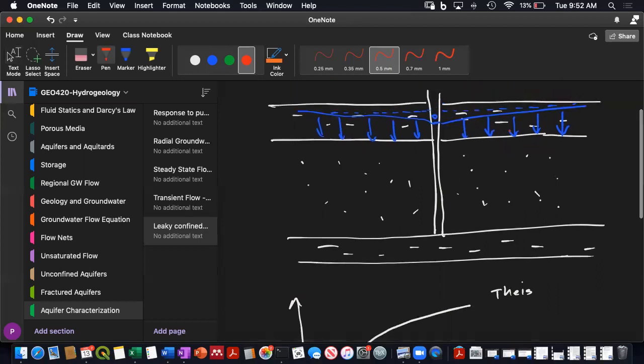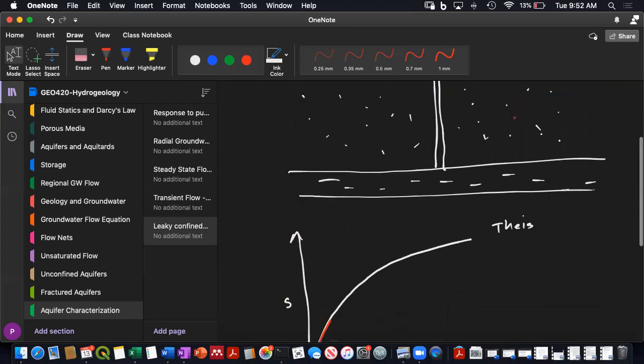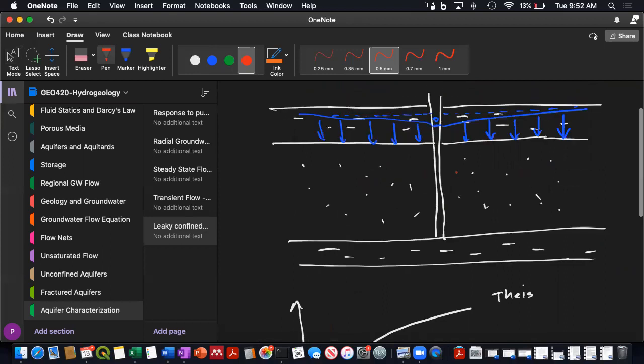The drawdown cone is small. But as the drawdown cone gets bigger and bigger, and there's more and more time for that water to seep out of the confining bed, what do you think will happen? Will I see more or less drawdown in my well if I'm releasing water from storage from this leaky confining unit?